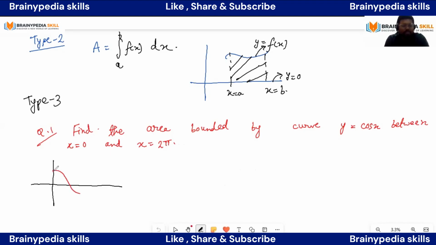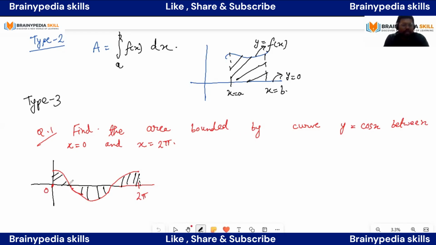And at pi by 2, it is how much? 0, isn't it? At 3 pi by 2, and this is 2 pi. They have asked you to find out this area. Clear?